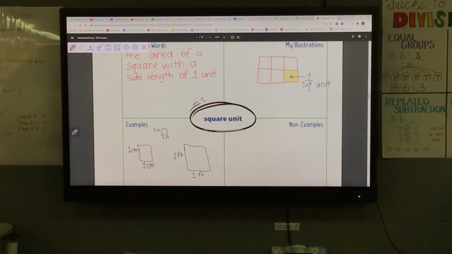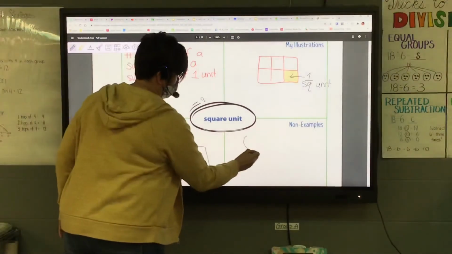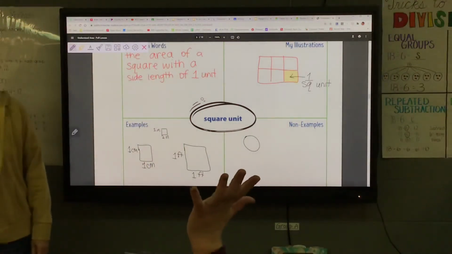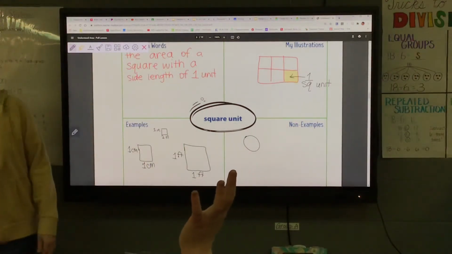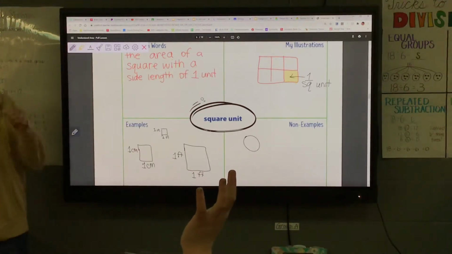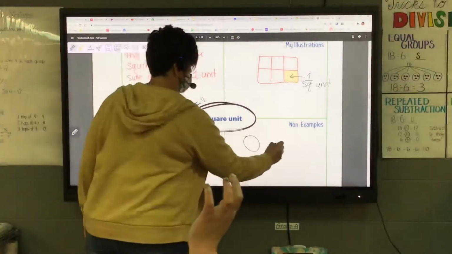Non-examples. Would be a circle. What else would be a non-example of a square unit? Jenny, a triangle.